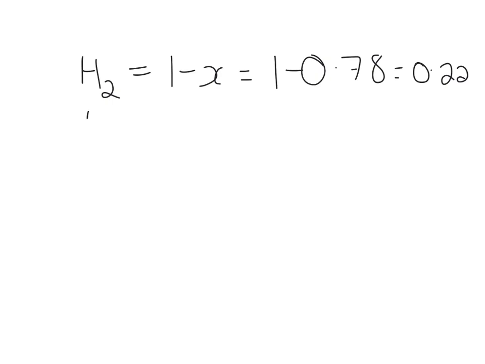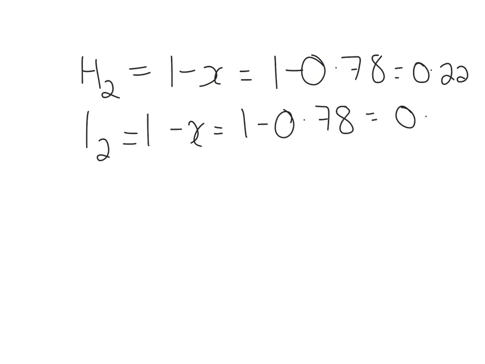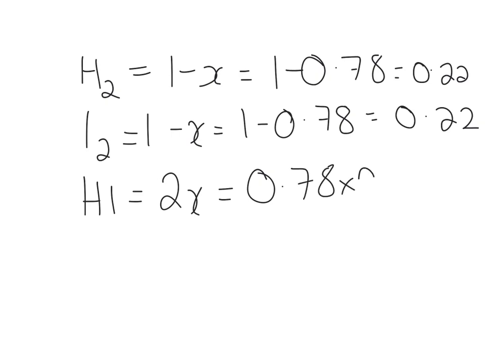We have iodine, which is also the same, 1 minus x, or 1 minus 0.78, which is also equal to 0.22. And we also have HI, which is equal to 2x. So we have 0.78 multiplied by 2, so that is 1.56.